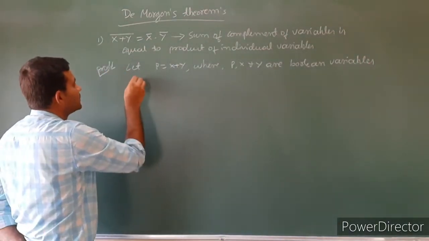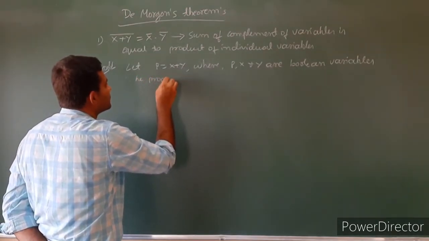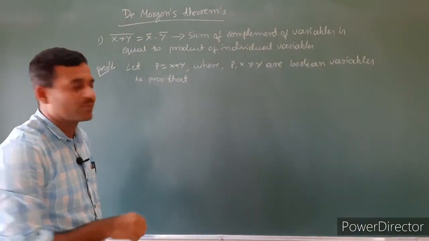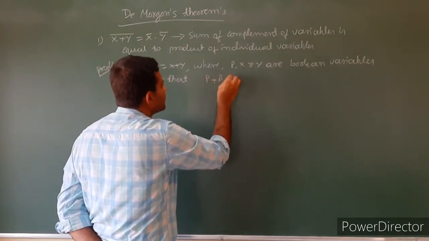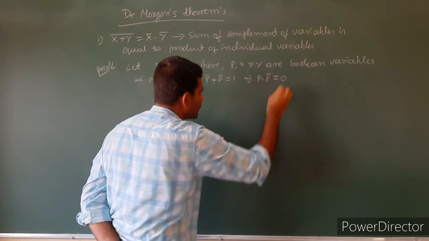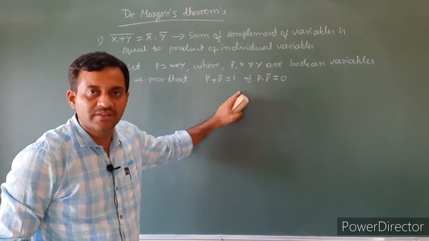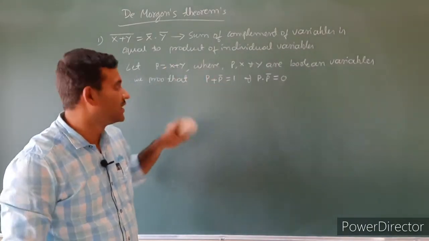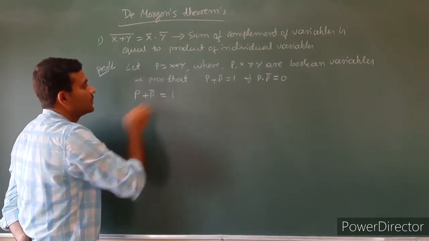Therefore, we have to prove that P plus P bar is equal to 1 and P into P bar is equal to 0. If both conditions are true, both being the complementarity law, then De Morgan's first law holds. Consider the first one, that is P plus P bar equal to 1.